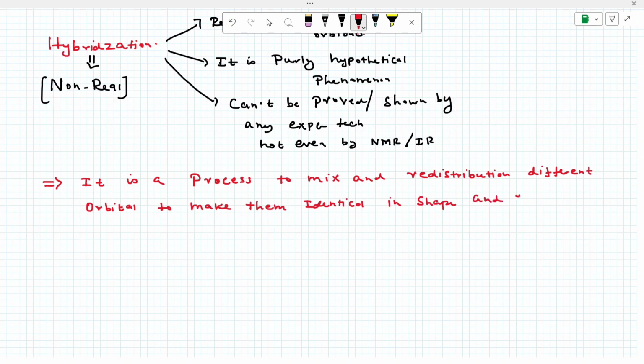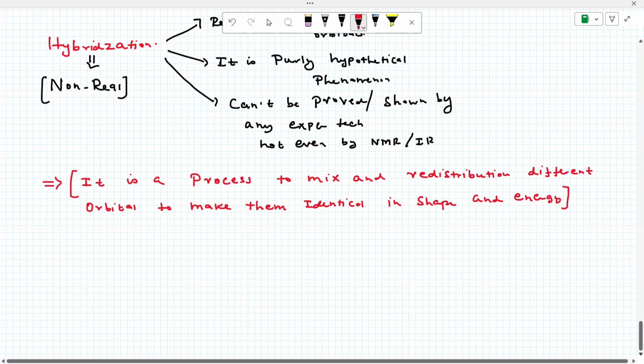You got the point? And energy. அப்ப after mixing, after redistribution, all energy of carbon counts சேமா தான் இருக்கும். Yes or no? அப்ப சேமா இருந்துச்சுன்னா they undergo same overlapping. There is no issue. Yes or no? It's very important, please note.